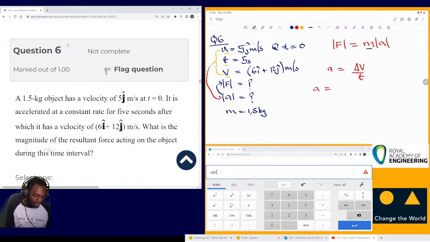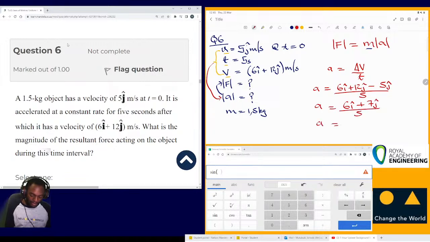Our acceleration is equal to 6 in the i plus 12 in the j, minus the initial velocity, which is 5 in the j, all over 5. So for the i, it's only 6 in the i. Then for the j, 12 minus 5 gives us plus 7 in the j, all over 5.